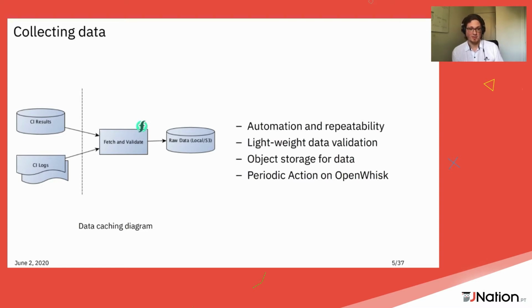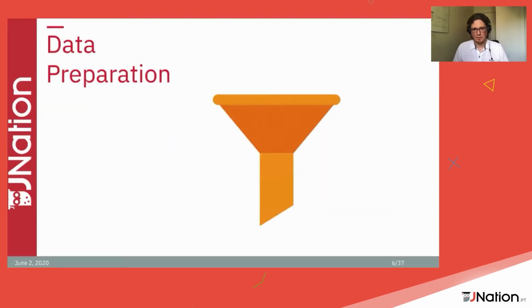It collects the new logs from the OpenStack CI log servers. It performs an initial validation just to make sure we're not storing data that is not valid. And then it stores the raw data in an object storage in the cloud, so a cloud bucket. So that was the raw data stored in a bucket.